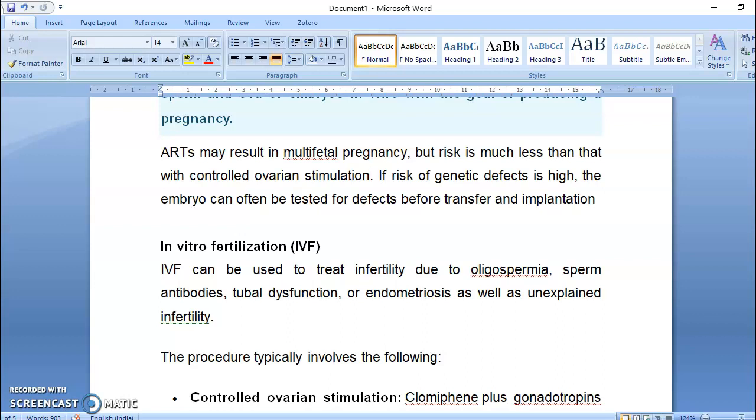So this is a solution for most of the infertility caused by the above said reasons.